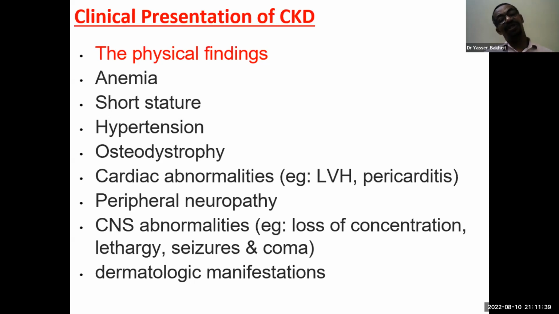There is a sign of osteodystrophy. There are cardiac abnormalities like left ventricular hypertrophy or uremic pericarditis, and we can hear the pericardial rub. Peripheral neuropathy. There are CNS abnormalities: loss of consciousness, lethargy, seizure or coma, and some dermatological manifestations.